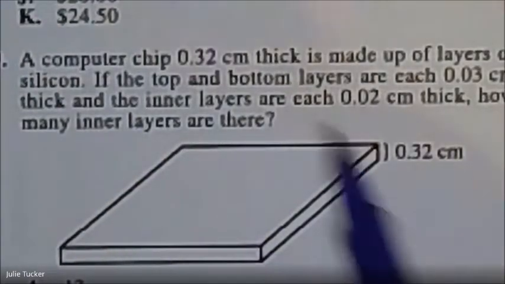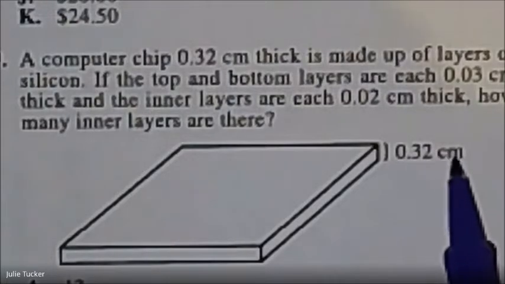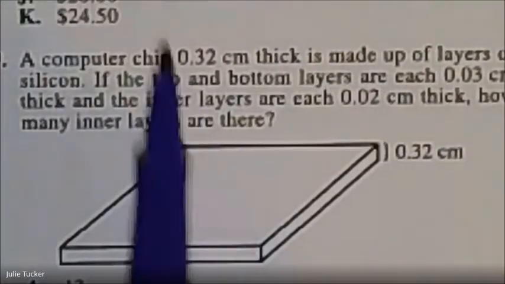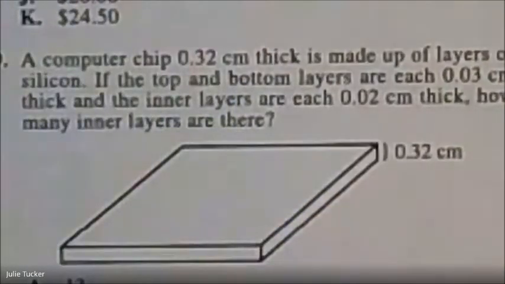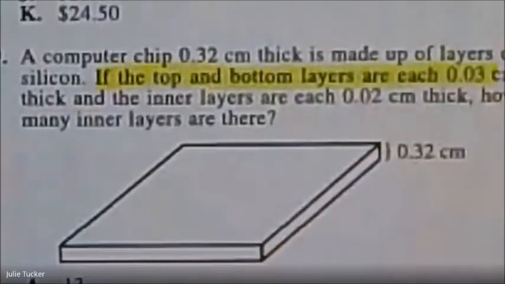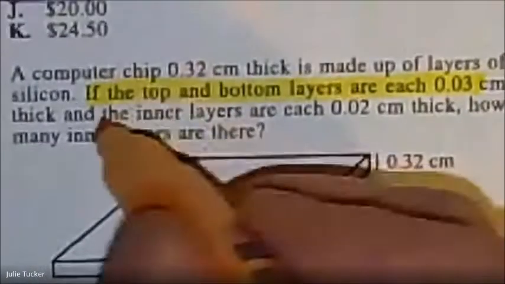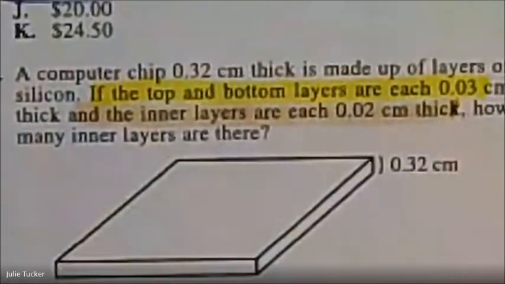And then you look at the diagram, and they're showing you the whole thing is 0.32 thick. Now let's reread this part right here. If the top and the bottom are each that, and the inner layers are that.